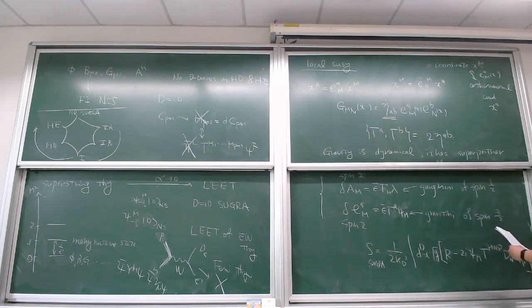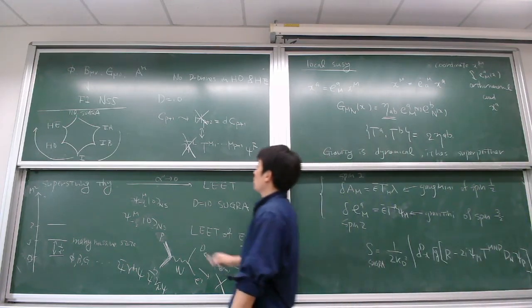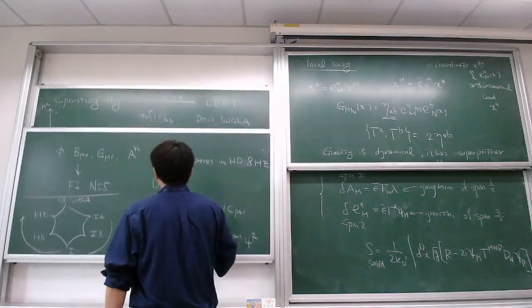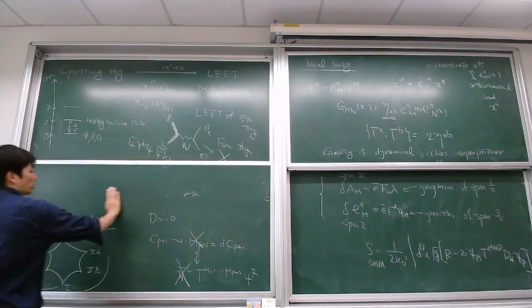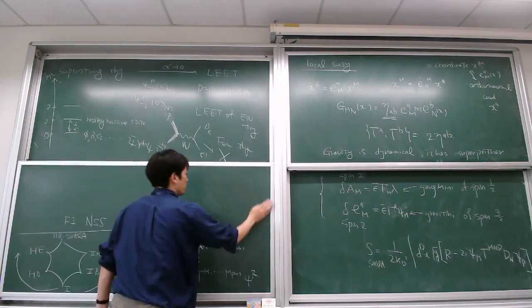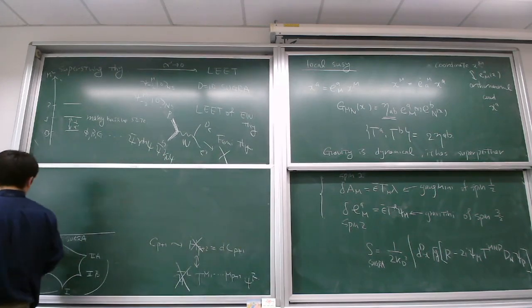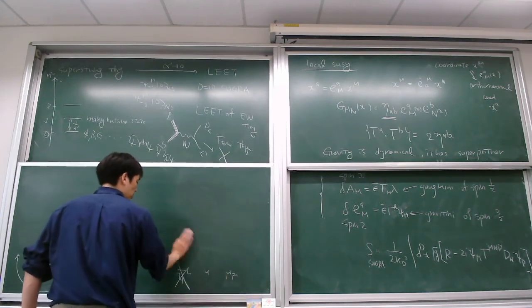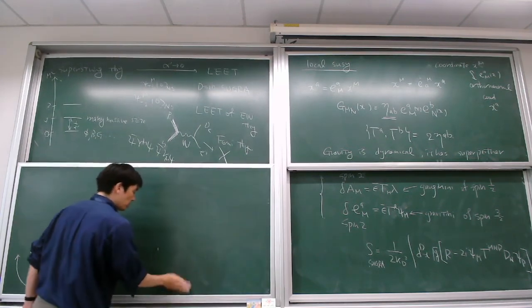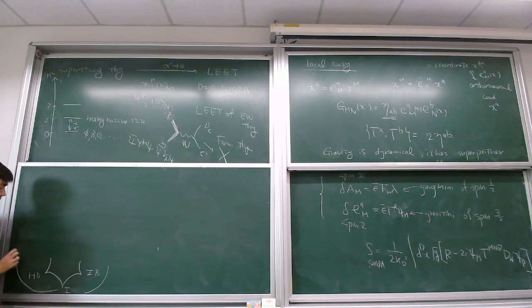This is the main idea of supergravity. You just consider the superpartner of gravity and construct the action, which is coming from the Einstein-Hilbert action, but is supersymmetric invariant.